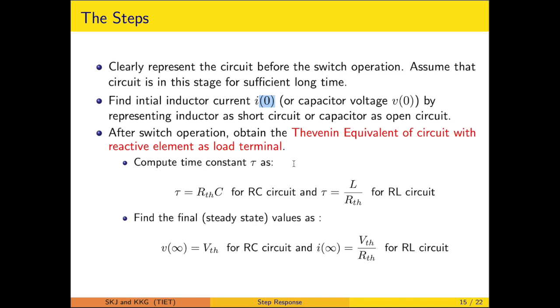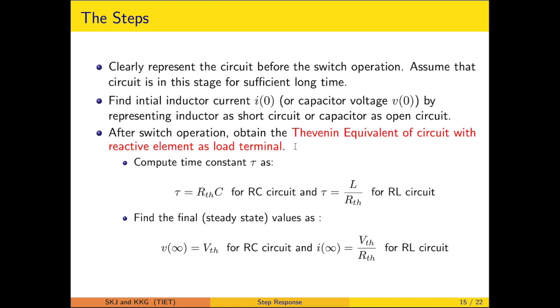The circuit parameter in this case is basically dictated by the R equivalent. We have considered only one passive element as such. However, the number of resistive elements can be different and so on. So you are requested to formulate the Thevenin equivalent of the circuit, considering the reactive element as the load terminal.